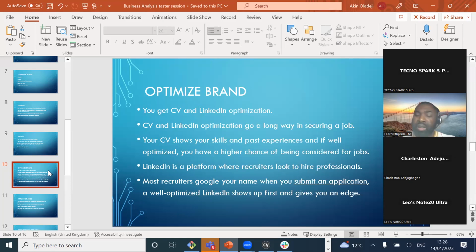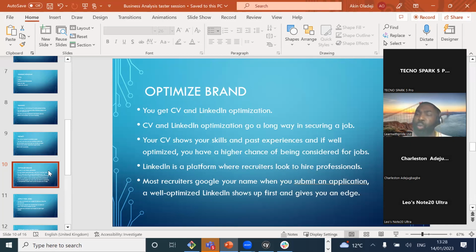Also, if you are not on LinkedIn, or if your LinkedIn is not optimized, that has to be done as well, because LinkedIn has become a professional marketplace that the recruiters go to now to recruit. So you have to be present on all the job sites. Your CV needs to be uploaded and made searchable as well.